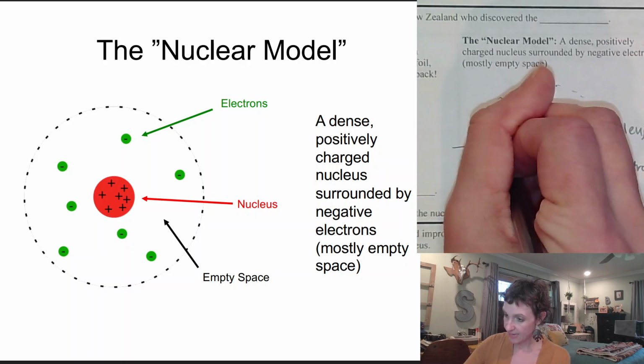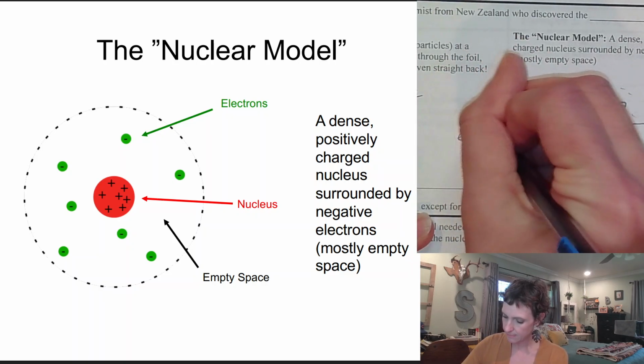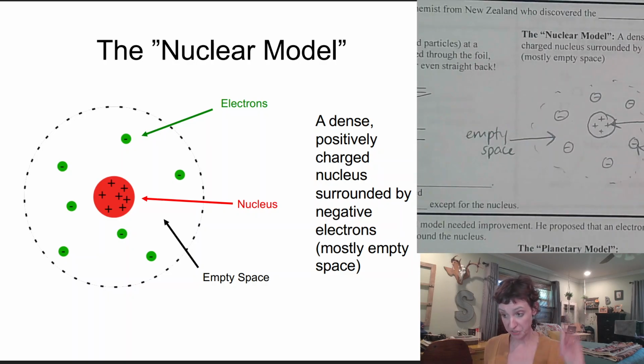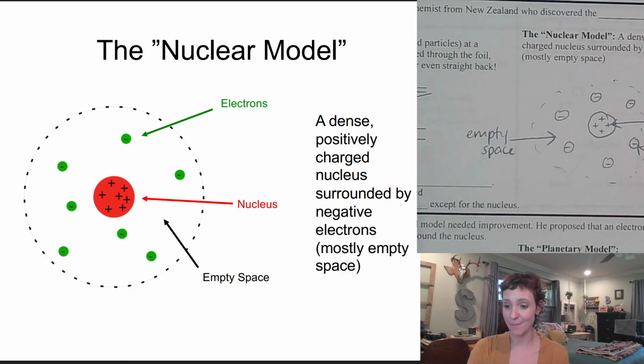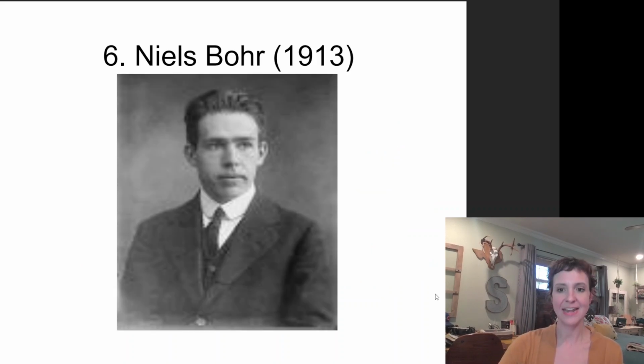And the other main key thing that he discovered here was this empty space, which next week we are going to learn has so much going on within it, which is super exciting. But that is Rutherford's nuclear model that he discovered from the gold foil experiment, and that was in 1911. Let's see what is happening next.